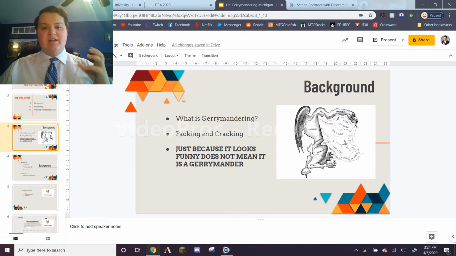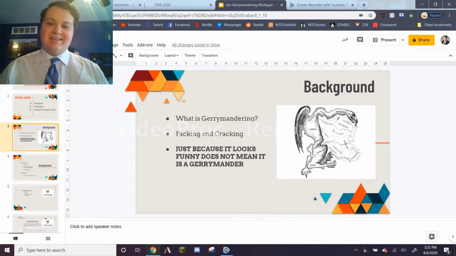Packing voters is taking voters of an opposition party, so let's say you're a Democrat, taking Republicans and putting as many of them into one district as possible, because in essence, every vote over 50% is really a wasted vote.